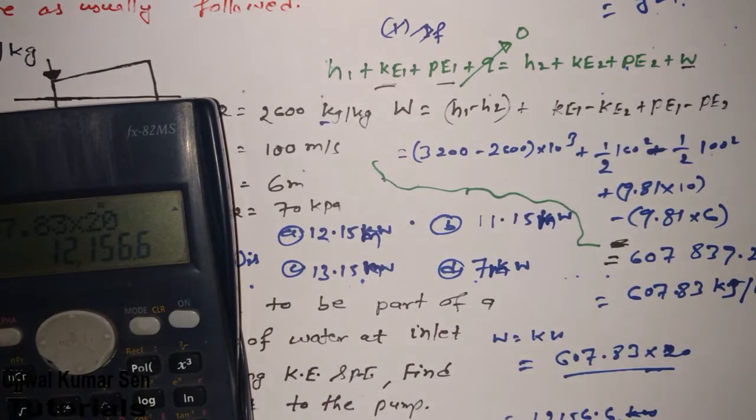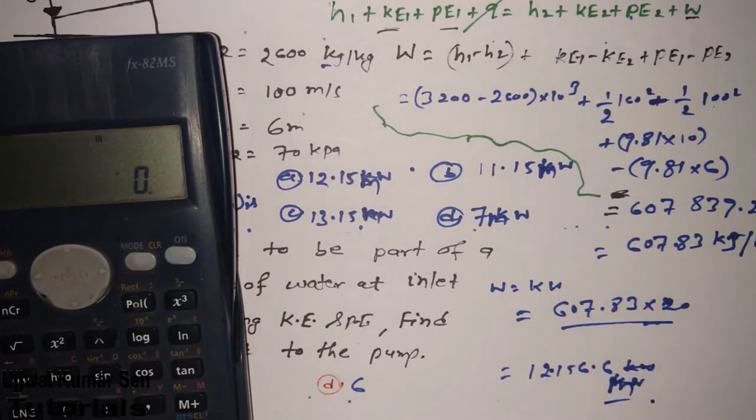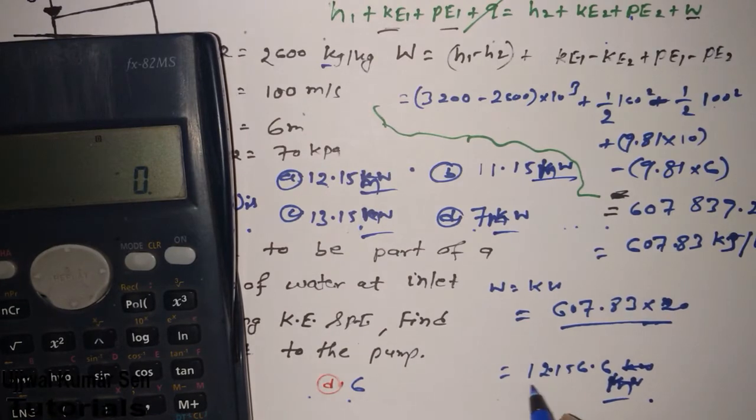Probably I have made a mistake in writing the options, so this would be in megawatt. So the option I have written may be a mistake. This is in megawatt, and we get the value 12.156.